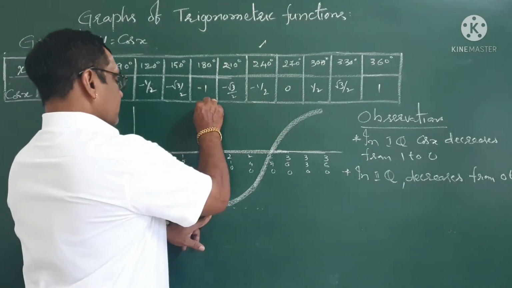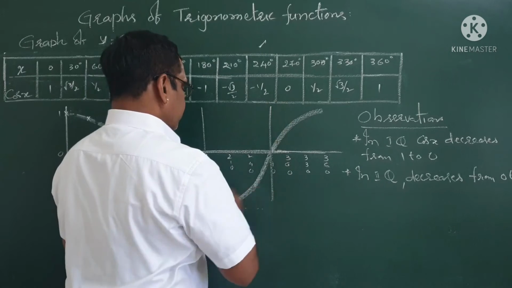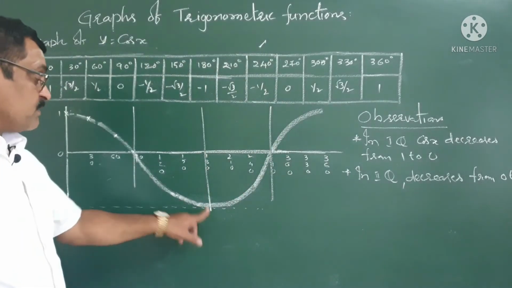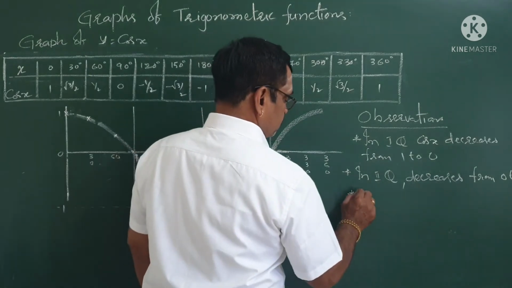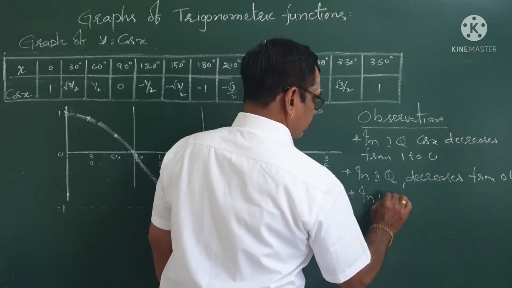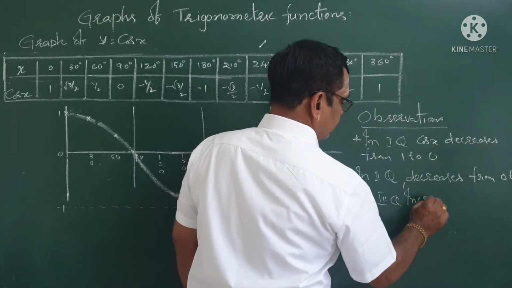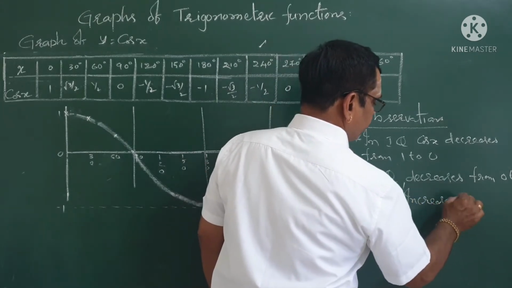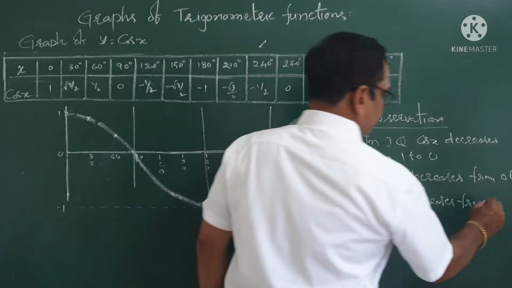Now, between 180 to 270, in the third quadrant, the graph is going up, it increases from minus 1 to 0.